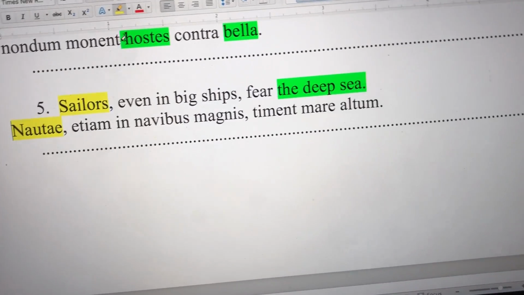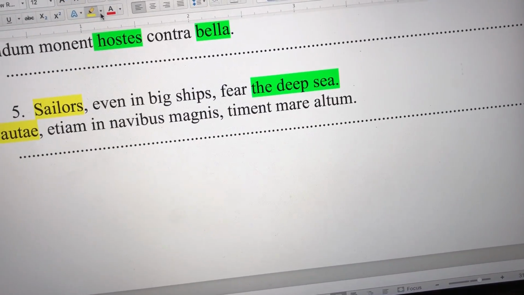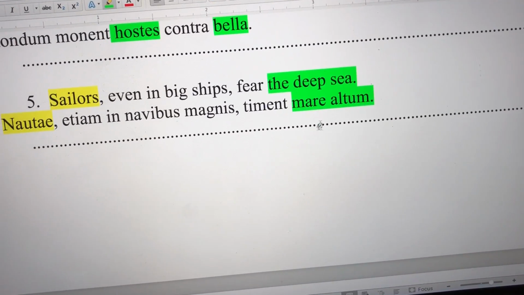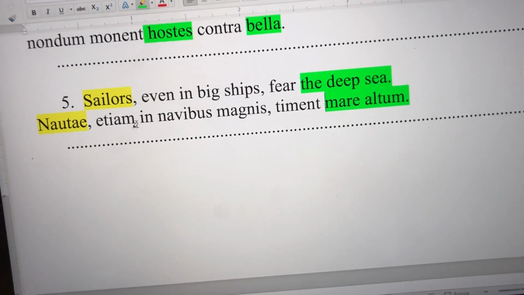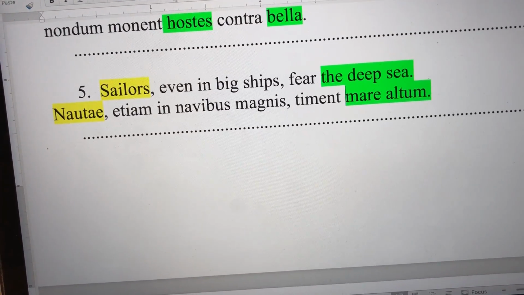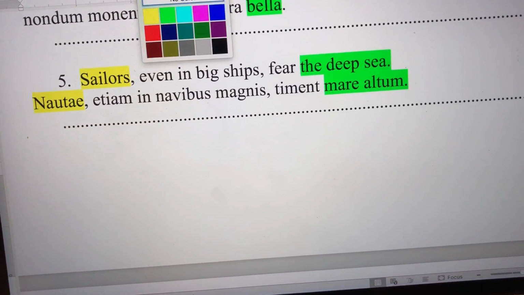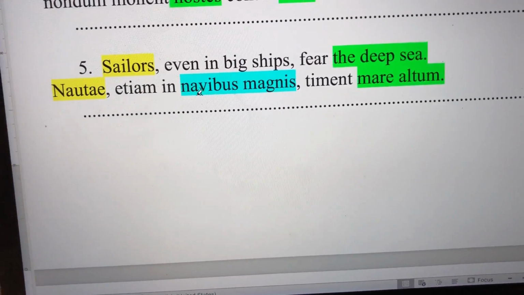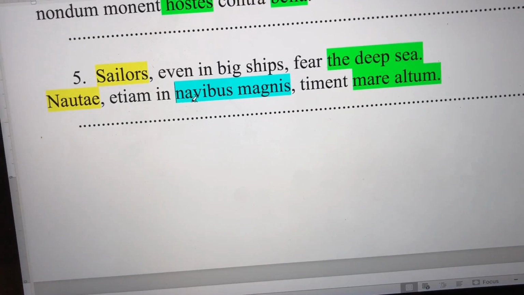And I put this in the order of the words, but it doesn't have to be. And then the accusative, they fear this deep sea. And then we have just sort of the parenthetical or prepositional phrase that tells us when they fear the deep sea, or in what circumstances, even in big ships in the ablative plural.